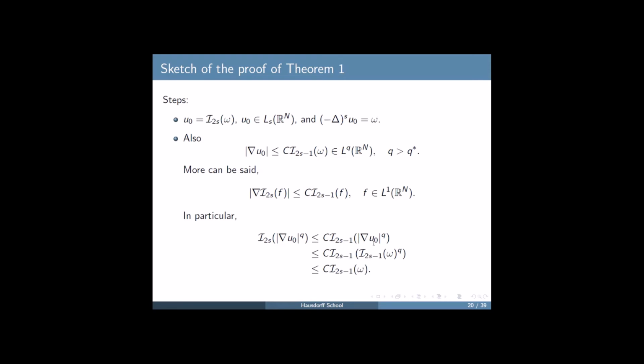And the gradient of u0, as you see here, can be controlled by basically this potential. So what we have is this term. And since we are imposing the condition between omega and the capacity, this is less or equal than just the Riesz potential of order 2s minus 1 of omega. This is by assumption.